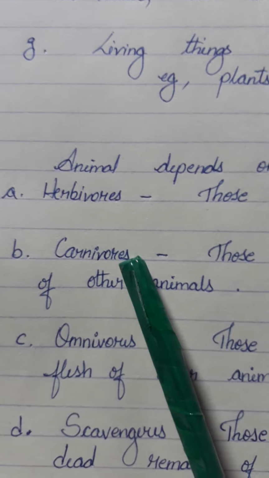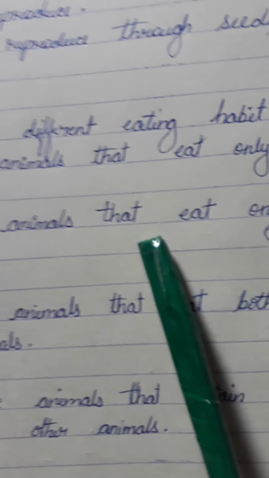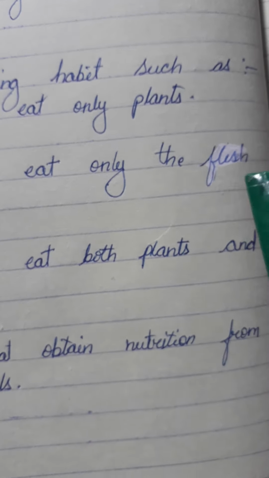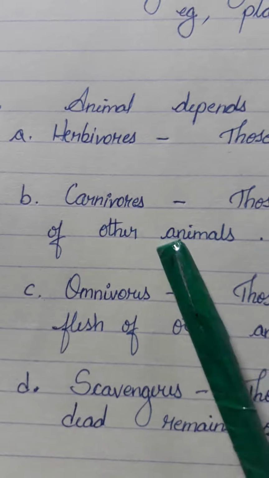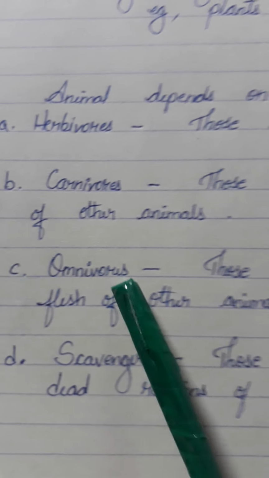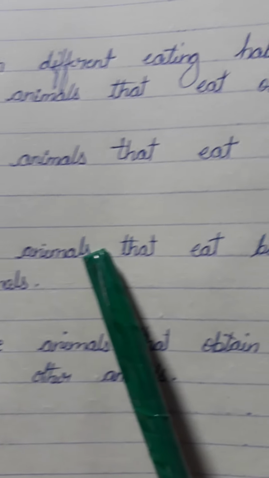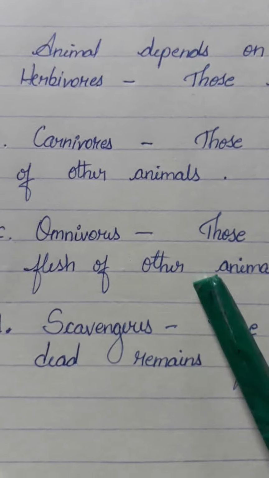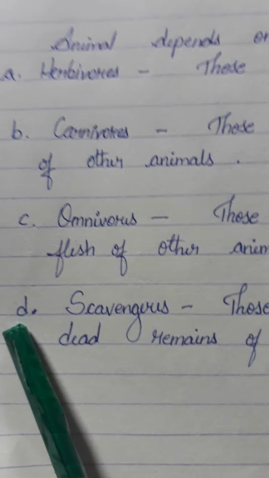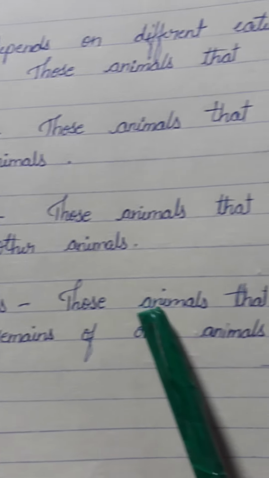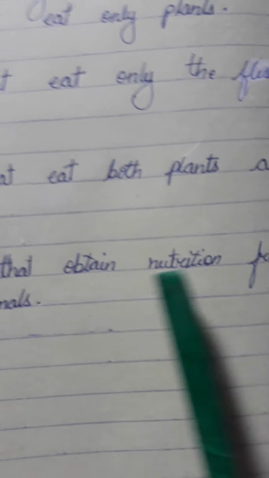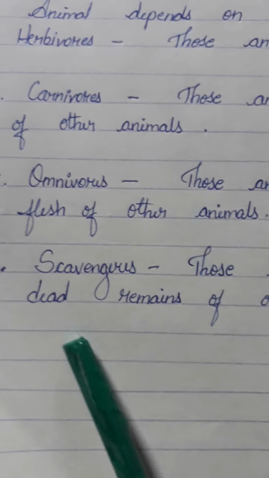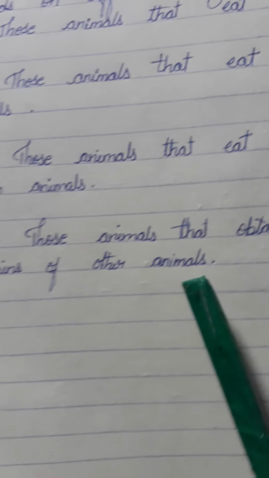Point B, carnivorous, those animals that eat only the flesh of other animals. Point C, omnivorous, those animals that eat both plants and flesh of other animals. Point D, scavengers, those animals that obtain nutrition from dead remains of other animals.